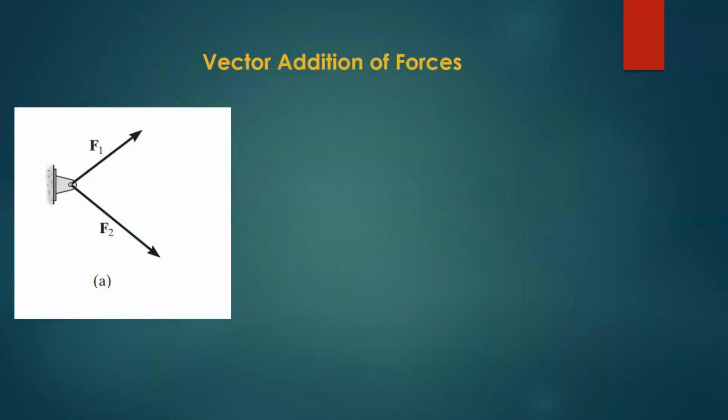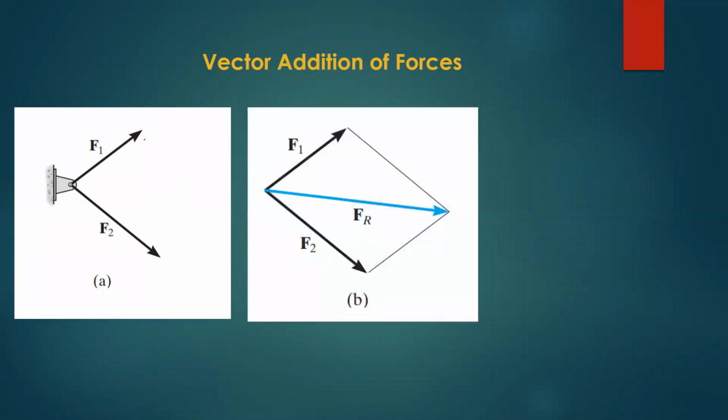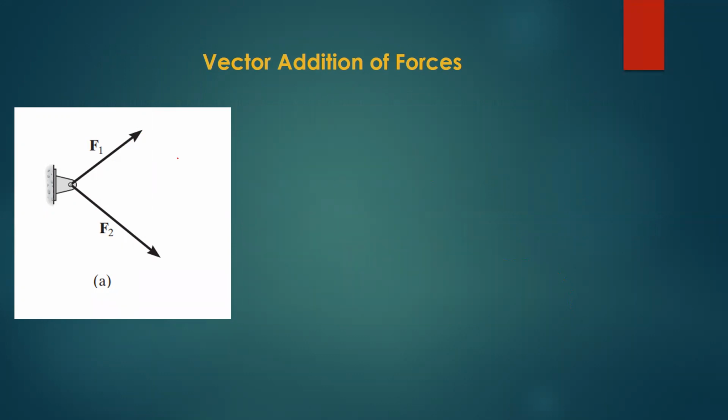So this is an example of how you add two vector forces. We have the first force, F1, and F2. Adding these two forces to find the resultant force means that we're going to draw a parallel line. Before I display this, let me show you what I'm talking about.